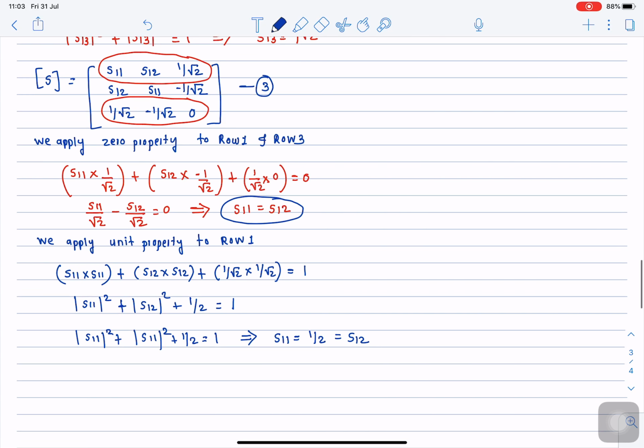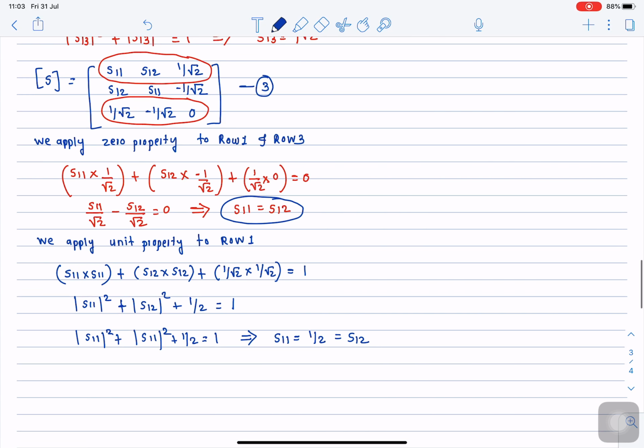Third term is minus 1 by root 2. And in the third row, 1 by root 2, 1 by root 2, it is minus 1 by root 2, and the last term is 0. Okay, so let us call this equation number 4.